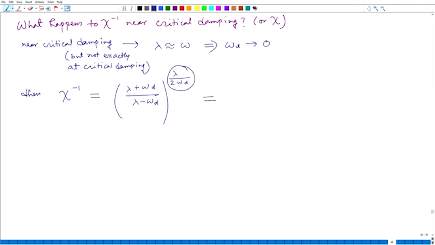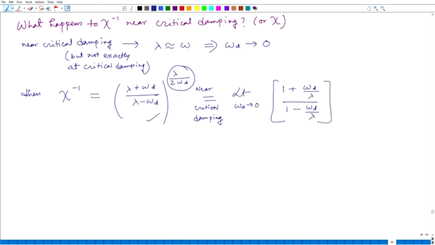What you can write here is that, near critical damping, omega d tends to 0, and then you can write this as omega d over lambda by 1 minus omega d over lambda, and then you also write half omega d over lambda.